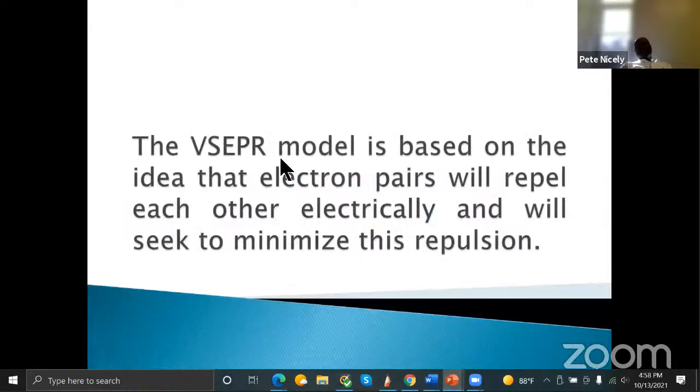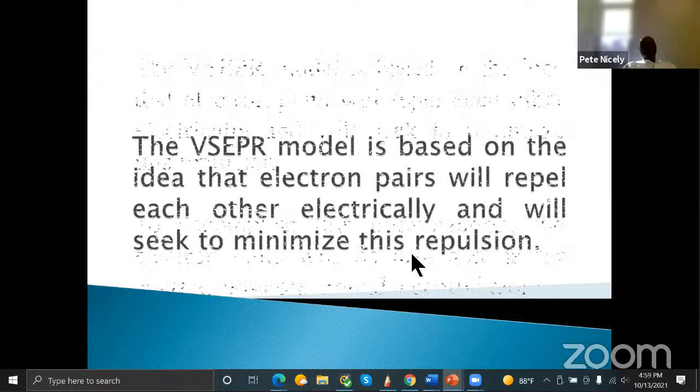Basically, this model is based on the idea that electron pairs around the central atom will repel each other electrically, and therefore they will spread in order to minimize these repulsive forces. As a result of their spreading, the resulting arrangement of these electron pairs will give a molecule which has a particular shape around the central atom.